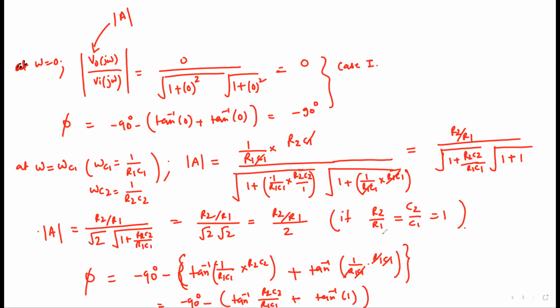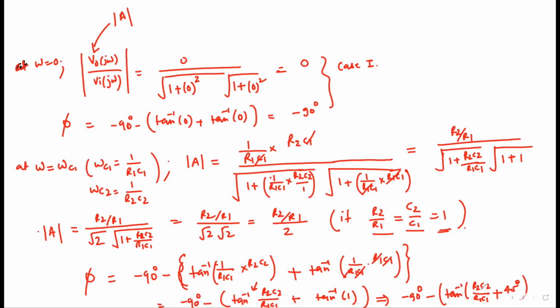And again, if R2 over R1 equals C2 over C1 equals 1, then this term right here is also tan inverse of 1. So finally, before that, we see that it is minus 90 degrees minus tan inverse R2 C2 over R1 C1 plus tan inverse 1, which is 45 degrees right here.